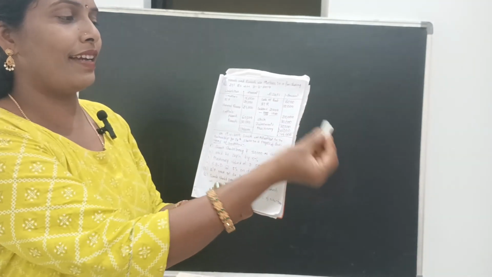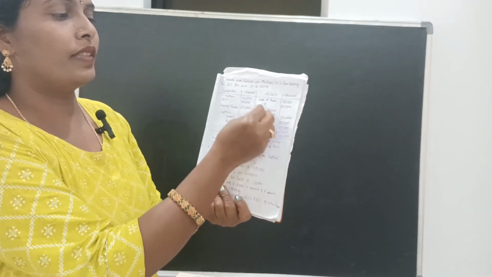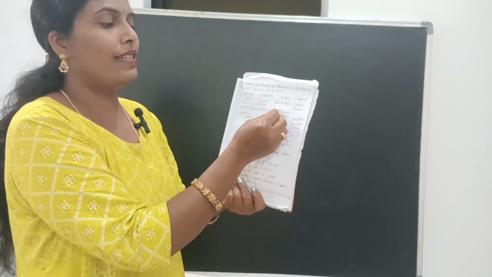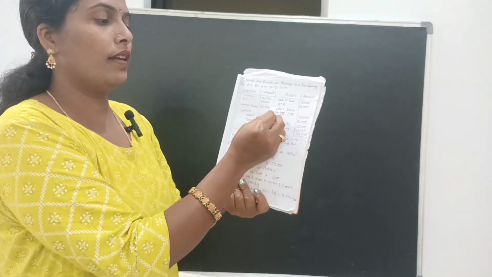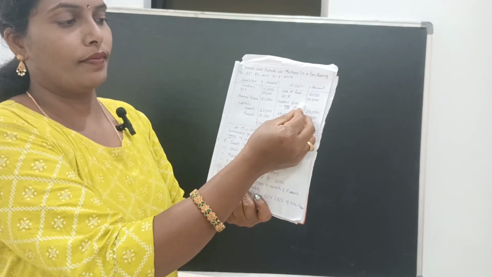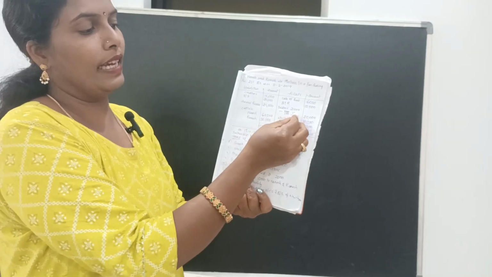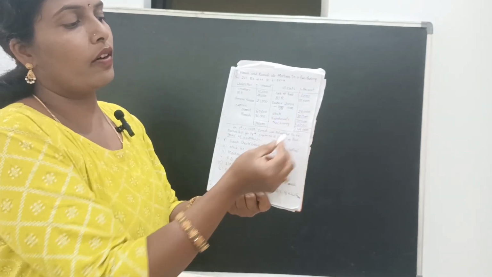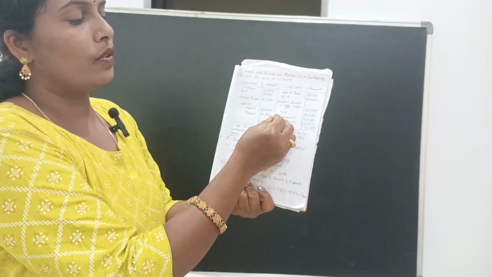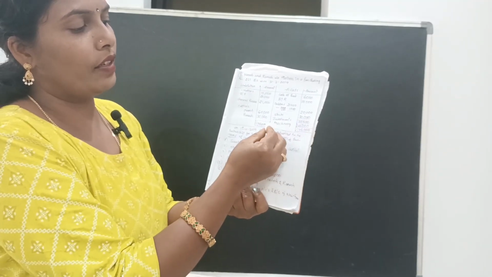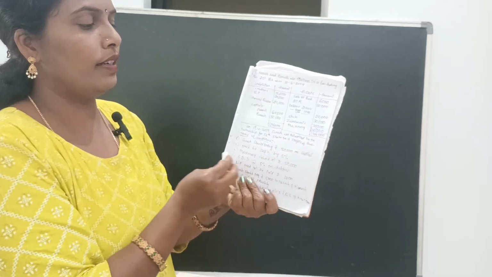On the asset side, cash at bank, the opening balance of cash, 6,000, bills receivable 10,000, debtors 21,000, and a provision of 1,000, so the outer column is 20,000. Stock 30,000, investments 35,000, machinery 40,000.